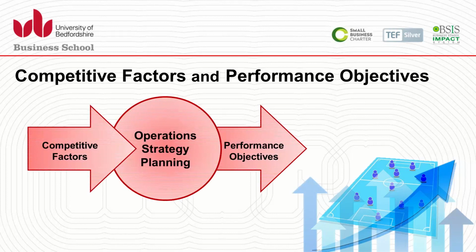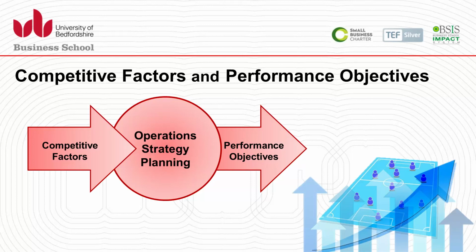So from left to right, we can see there are competitive factors, and these competitive factors help the organization to achieve its objective, the performance or key performance indicator, to ensure that the organization is achieving its set targets and objective.